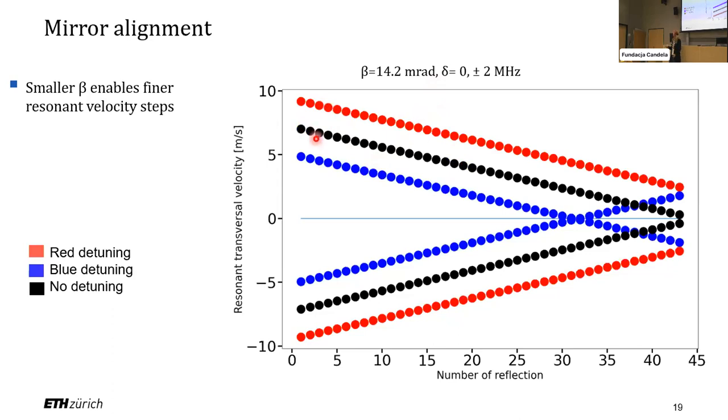Then throughout the process of laser cooling, this will decrease, and almost at the end of the mirrors, we are resonant with a very small velocity. With our detuning of the laser beam, we can choose a blue or red detuning, such that if our alignment is not perfect, we can compensate for that and still be able to cool.